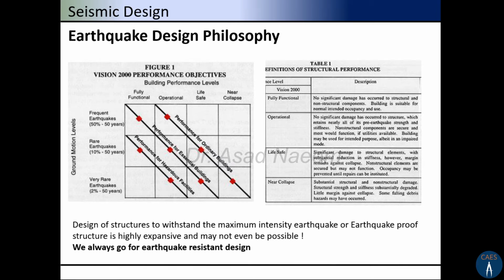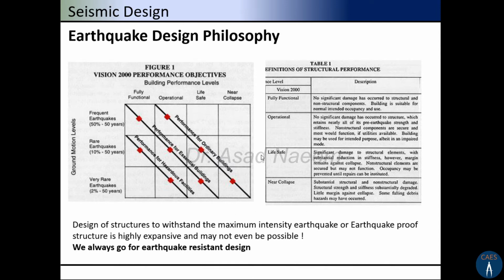In life safety, there is occasional damage to structural elements with substantial reduction in stiffness, however a margin remains against collapse. Non-structural elements may be secured but may not be functional. Occupancy may be prevented until repairs can be instituted. Similarly, near collapse means substantial structural and non-structural damage, with structural strength and stiffness substantially degraded, little margin against collapse, and some falling debris and hazard may occur.